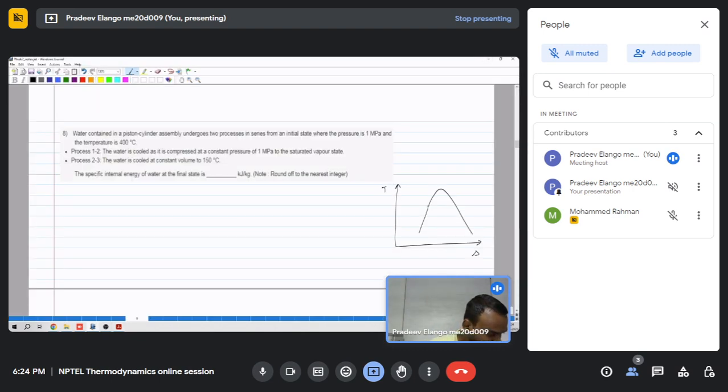So we consider a pressure line here representing P equal to 1 megapascal, and as per steam table it is 179.9 degrees Celsius. But our point is somewhere here on this line, at 400 degrees Celsius.